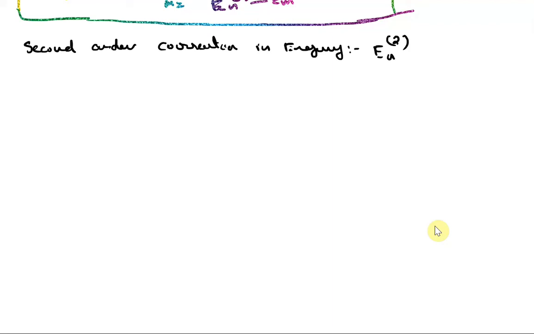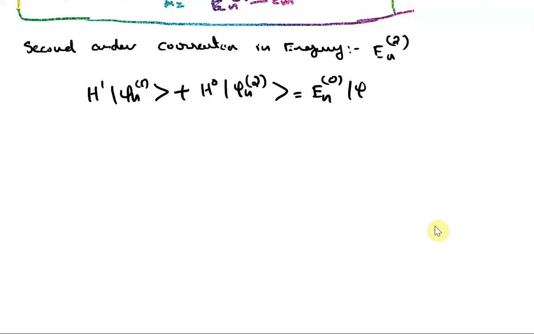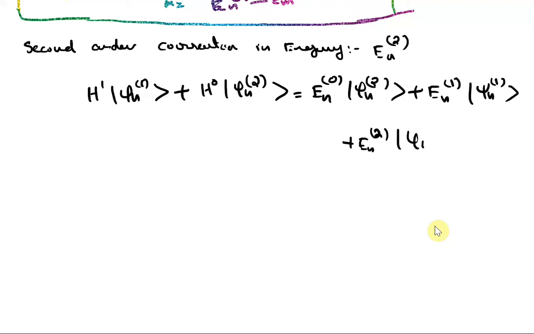So we have an expression like this: H prime psi n1 plus H naught psi n2 is equal to En0 psi n2 plus En1 psi n1 plus En2 psi n0.